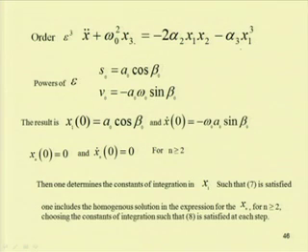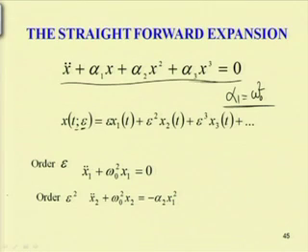For given initial conditions, that is at time t equal to 0, if the steady state response is given as A 0 cos beta 0, one can find it for this order of epsilon.